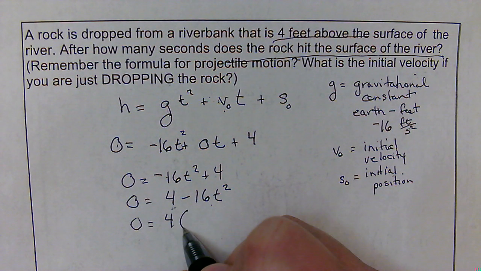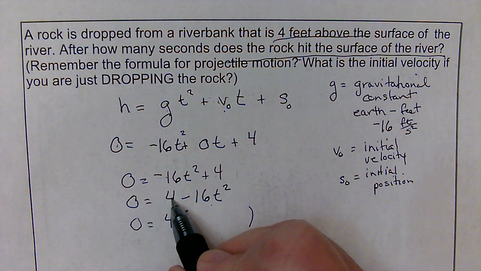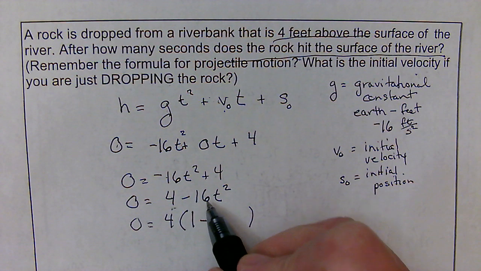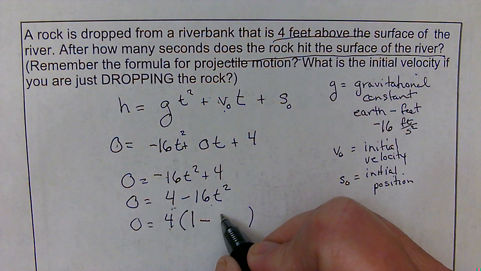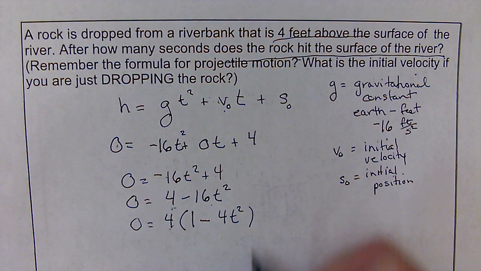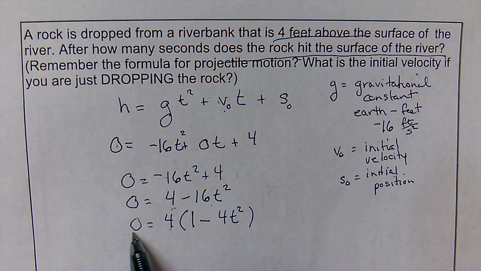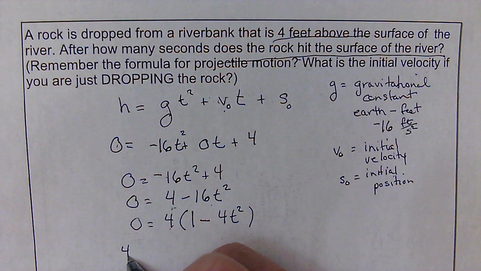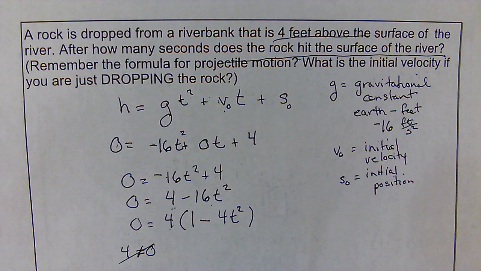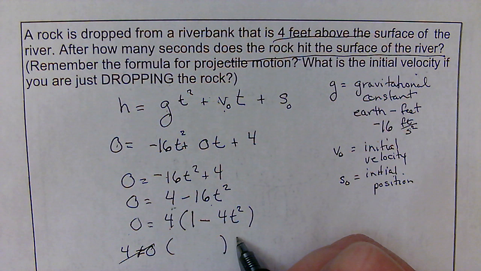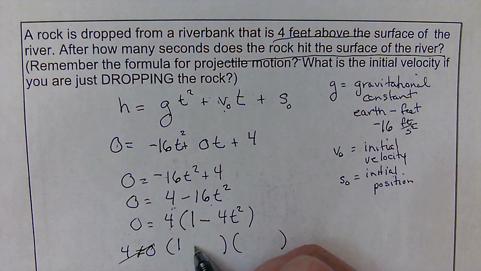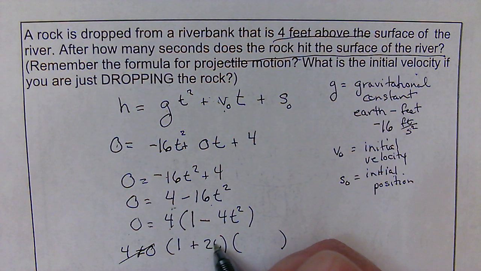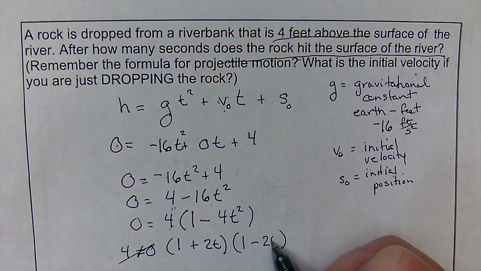So I'm going to factor out the 4. 4 divided by 4 is 1. 16 divided by 4 is 4, and the t squared is still there. And now 4 can never equal 0, so that doesn't give you any solutions. But we're going to factor that difference of two squares into 1 plus 2t times 1 minus 2t.